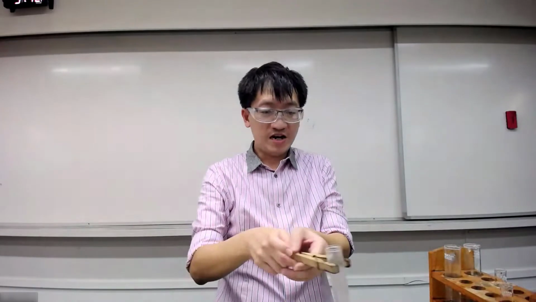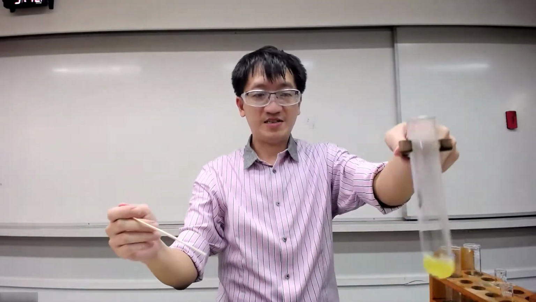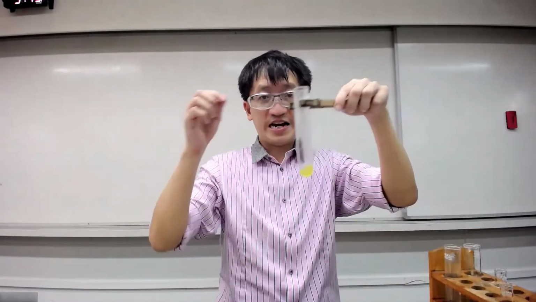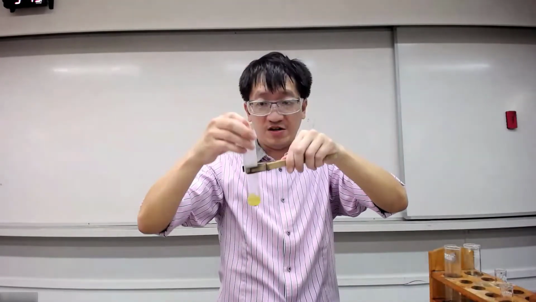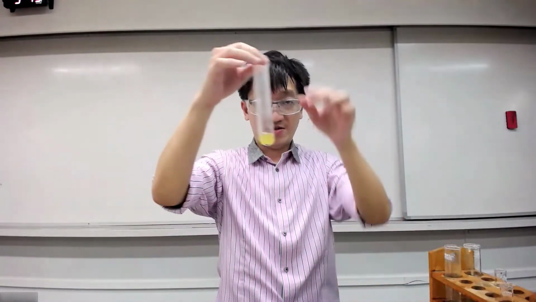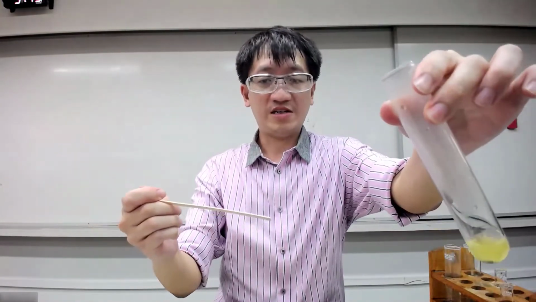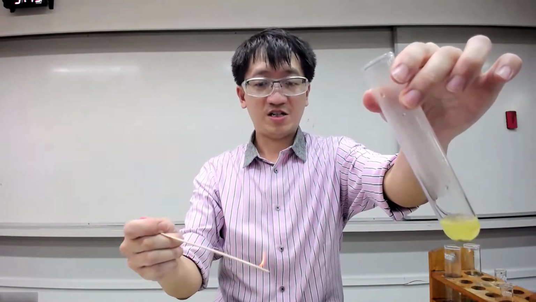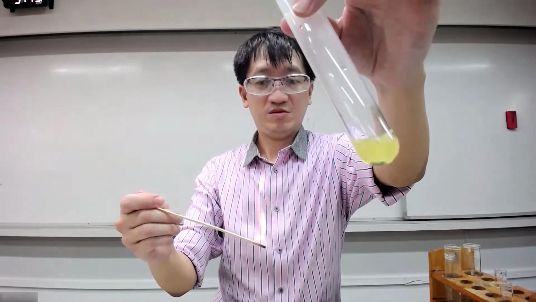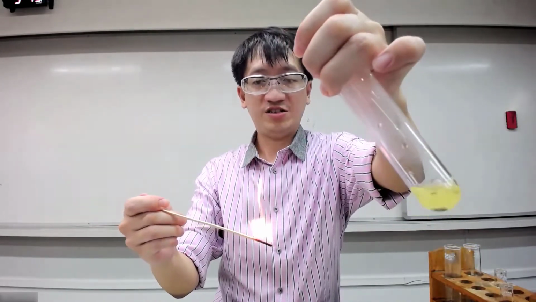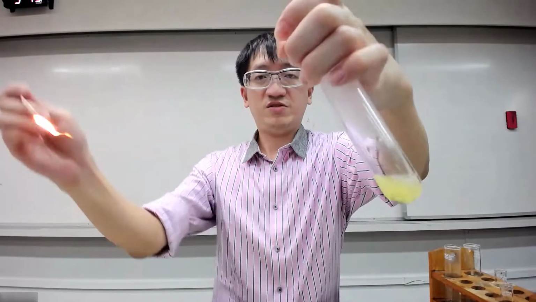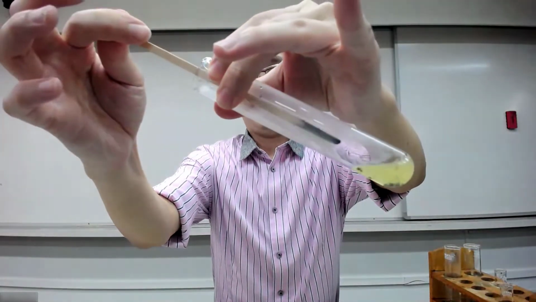What I'm going to do now is test it. I can hold it at the top of the boiling tube because it's not so hot. You can see that the effervescence is very good. I'm going to test it with a burning splint, so I should be collecting the hydrogen. Can you hear the sound?